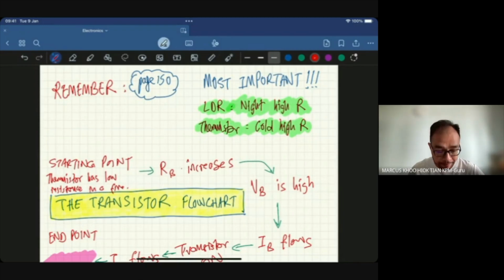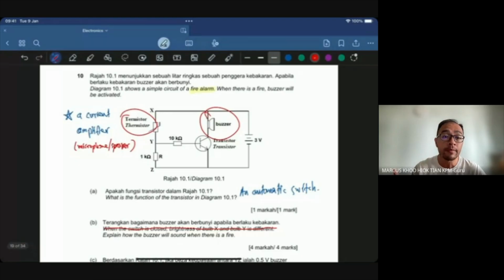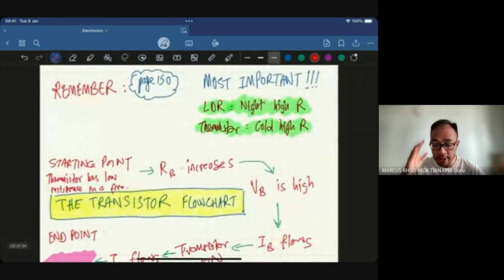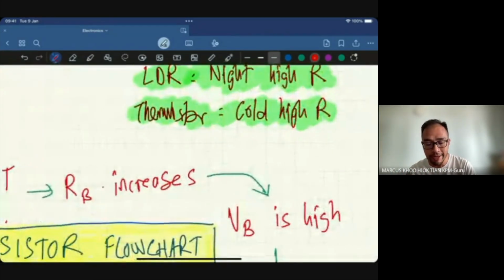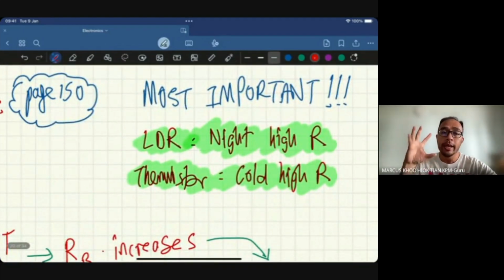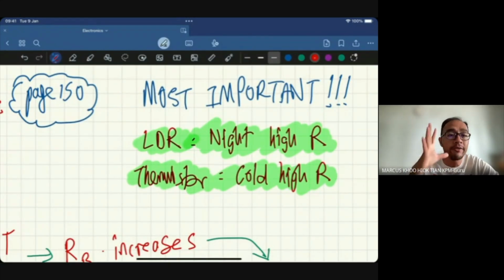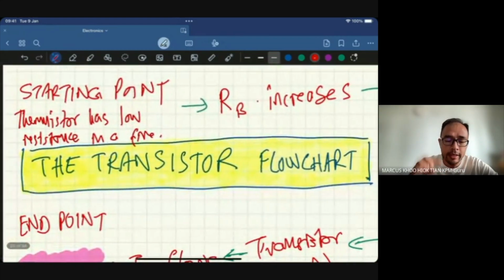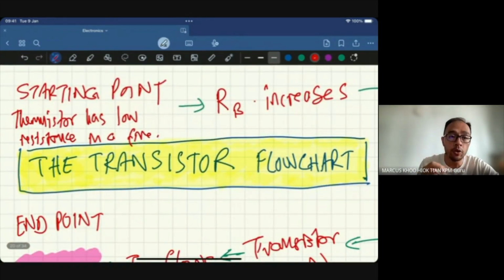That's our starting point, because when there's a fire, it's hot, and when it is hot, the resistance becomes low. So this green over here is very important. The LDR, which is a light dependent resistor, at night is high resistance. Thermistor, when it is cold, is high resistance. So when you talk about fire, the thermistor resistance becomes low.